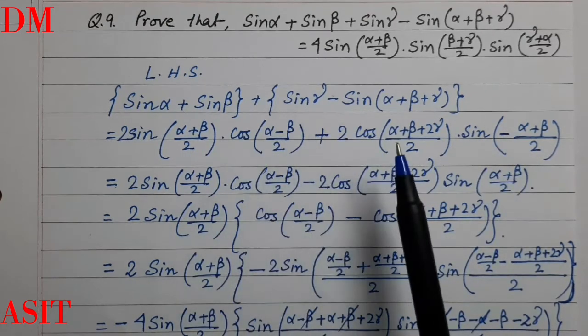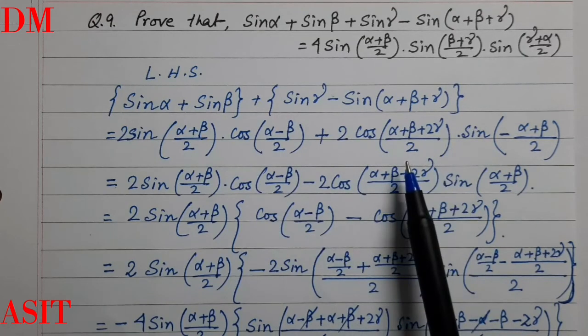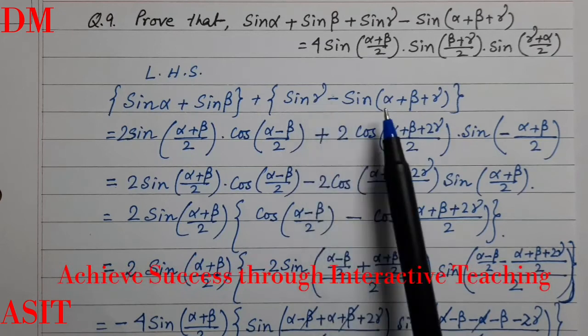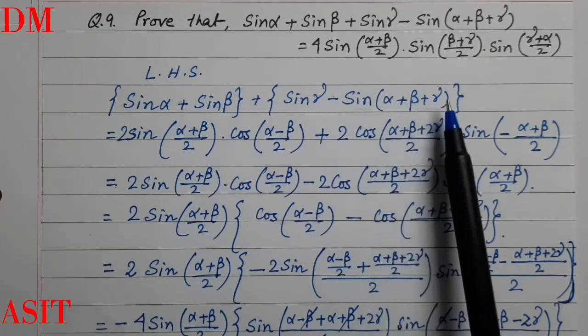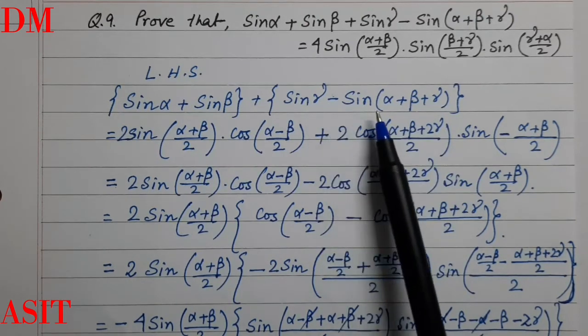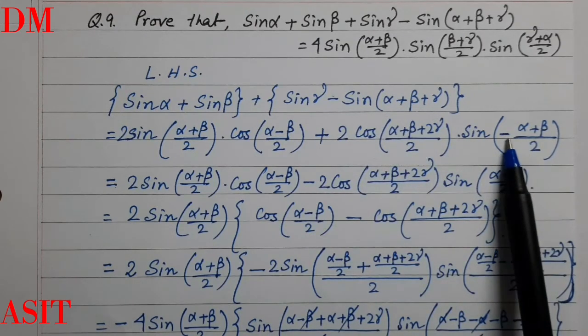Now if we add these two, we get (alpha plus beta plus 2 gamma) by 2. But if we subtract, it will be gamma minus (alpha plus beta plus gamma). So gamma will be cancelled out, and this will be minus of (alpha plus beta), so minus of (alpha plus beta) by 2.